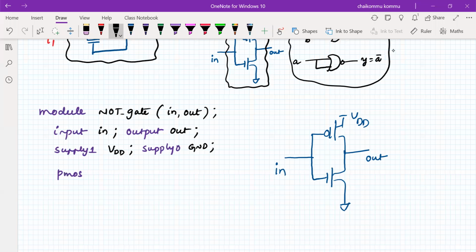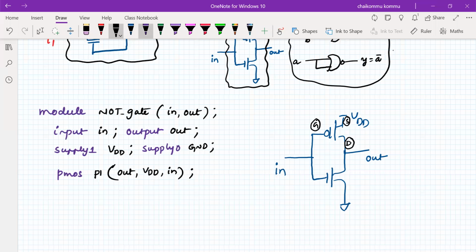The name of this one is P1, for example. What is the output for this one? For the PMOS transistor, the output becomes the drain side. Drain is the output side, source is at the VDD side, and the gate is the control. First the drain we need to write, so out. What is the source? VDD. And the control is in.